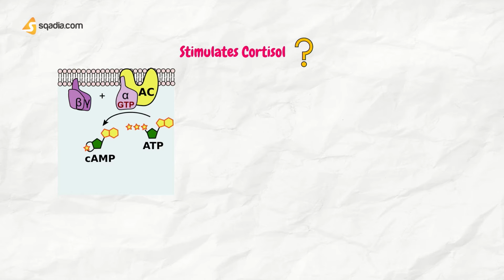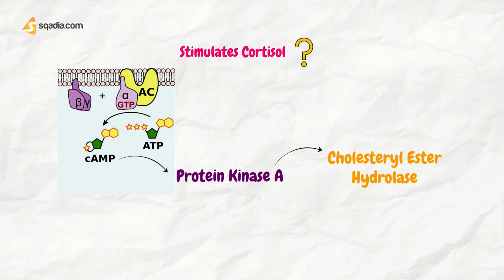This adenyl cyclase is going to convert ATP into cyclic AMP, and cyclic AMP, or cyclic adenosine monophosphate, then activates protein kinase A, which phosphorylates and increases the activity of cholesterol ester hydrolase. Cholesterol ester hydrolase is an enzyme that is responsible for steroid synthesis. So that's how the regulation of cortisol takes place.